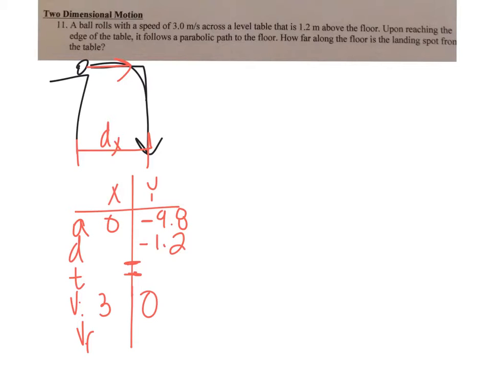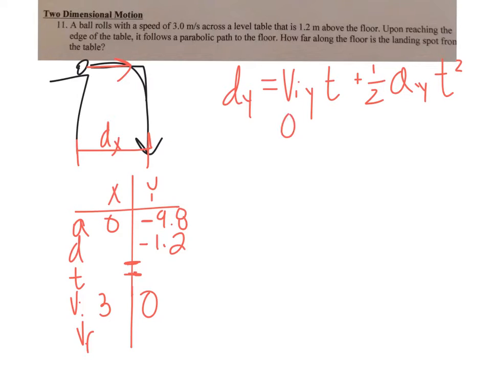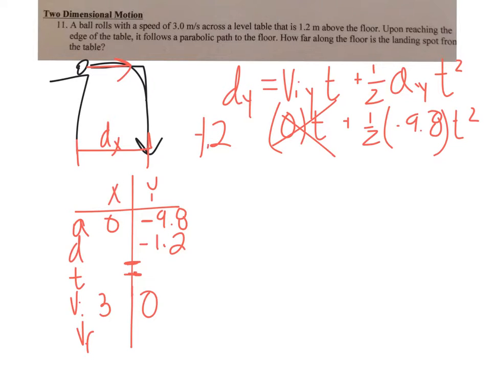So we're going to use everyone's favorite distance formula in the vertical. That's our formula, and we are going to plug in everything that we know. So we've got 0 times time plus 1/2 times negative 9.8 times t squared. Anything times 0 is canceled out. Also, let me plug in our distance.